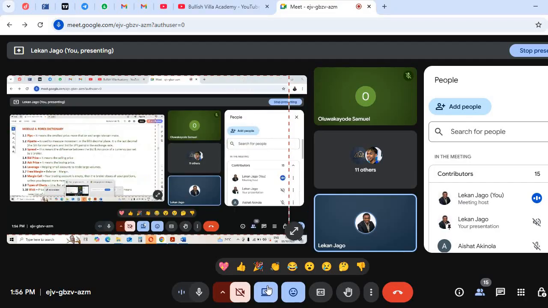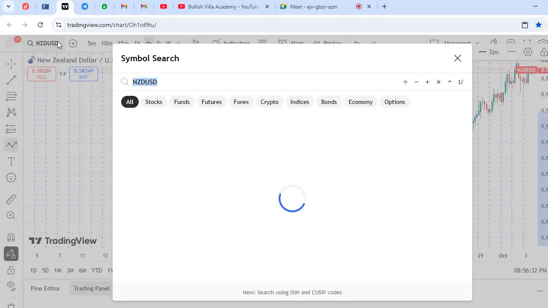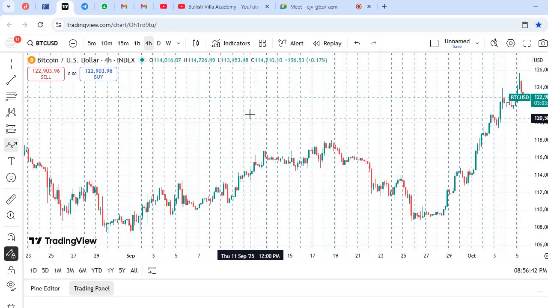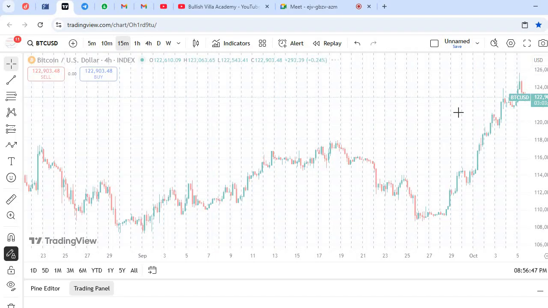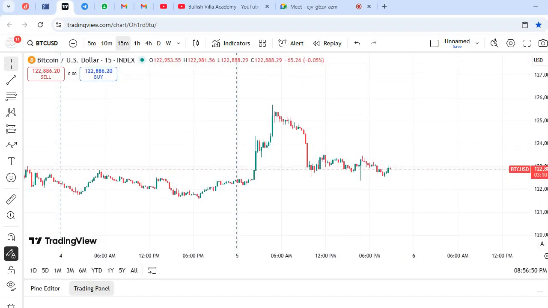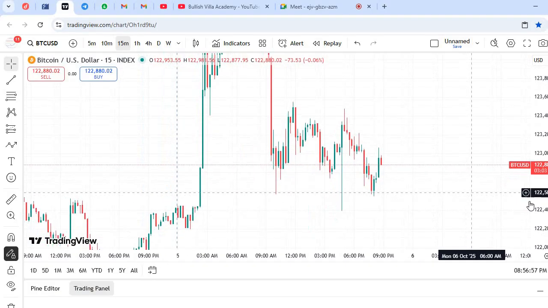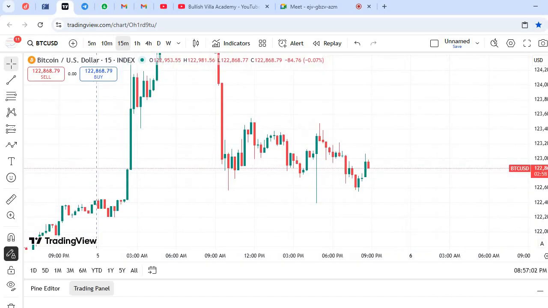Now the market is not open currently, I would have shown us something. Let me see if we can have BTC. Okay, BTC is open now. Can you see the screen? Yes, sir.